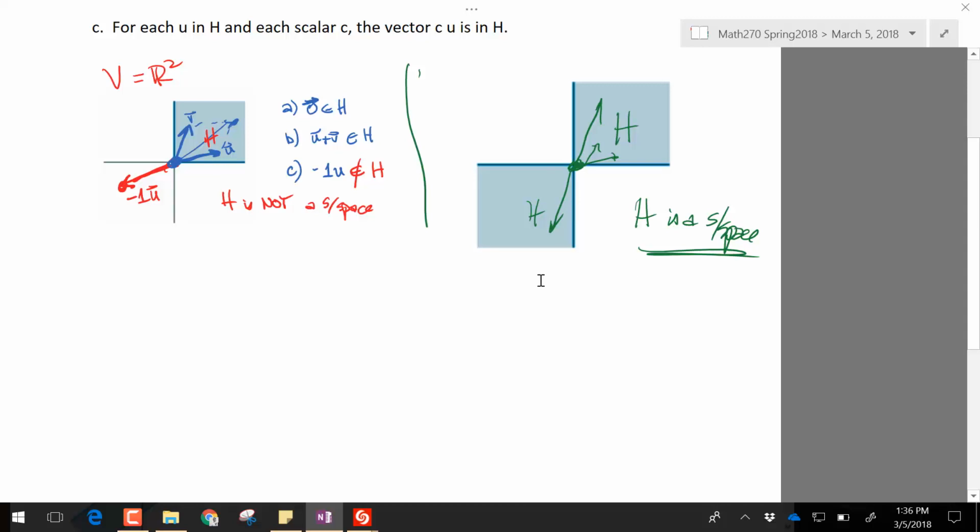It's going to be the fourth quadrant. So if I have here zero, 1 for the y.